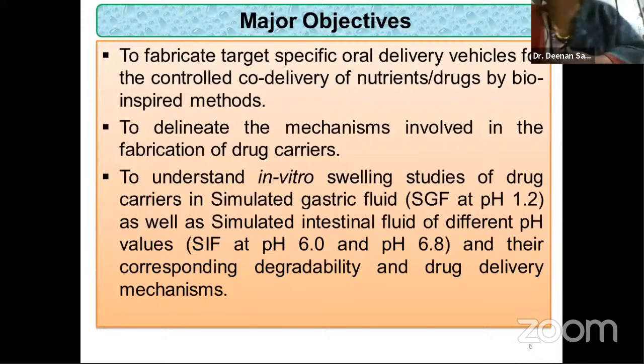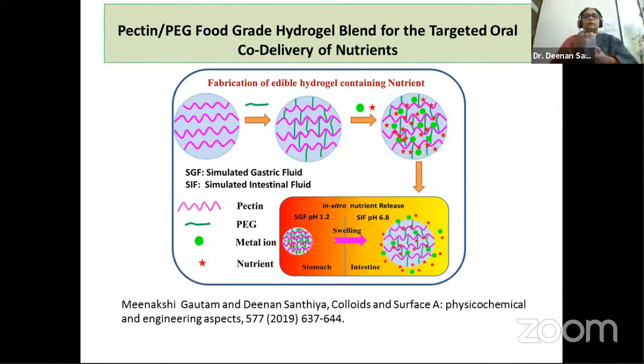The first aspect I'm going to speak on is the pectin-PEG food-grade hydrogel blend for targeted co-delivery of nutrients. I'm going to concentrate on nutrient delivery.